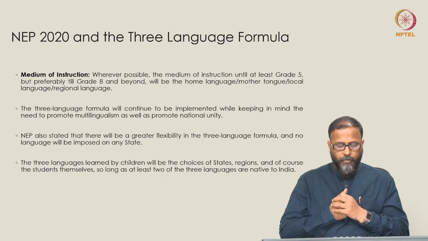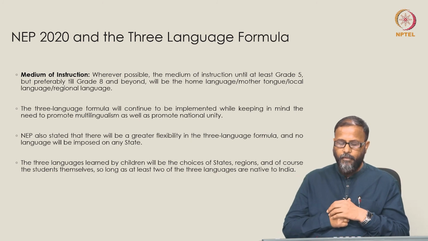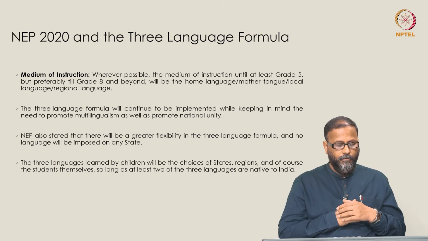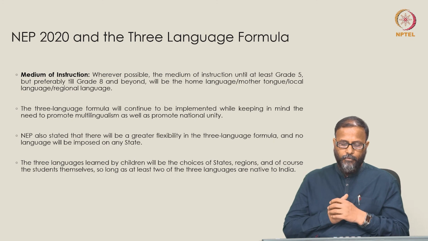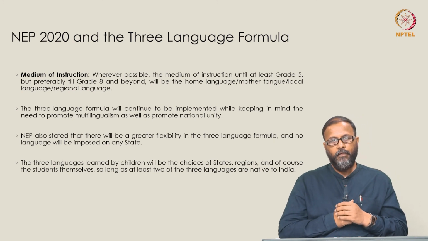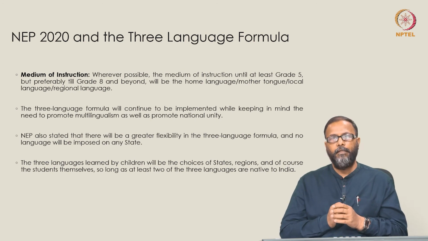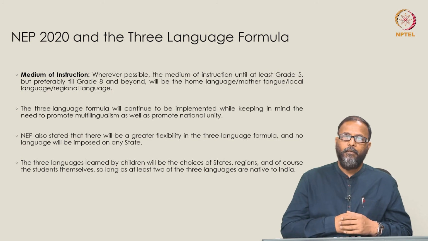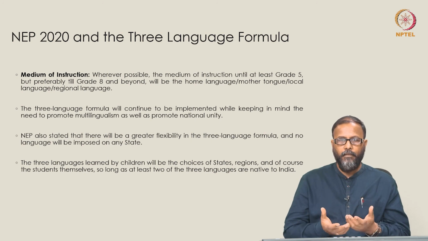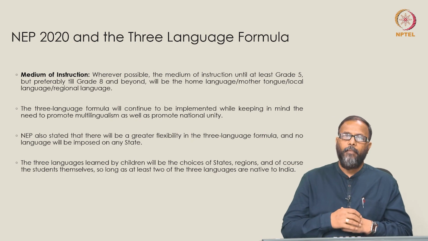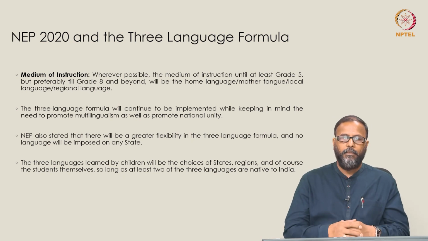And the three languages learned by a child will be the choices of the state, regions, and of course the students themselves, so long as at least two of the three languages are native to India. So out of three, one will be a foreign language, and it is majorly English in all places, and two languages should be native to India, Indian languages.